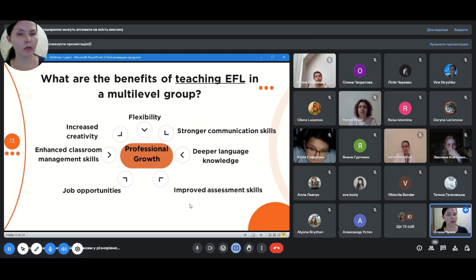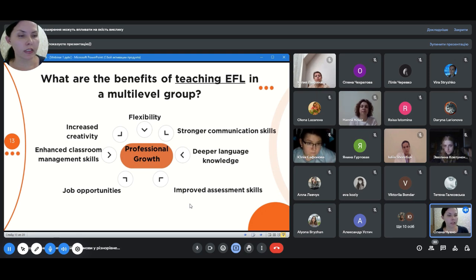We deepen our language knowledge because if we deal with more advanced students, we need to know, for example, grammar structures in detail. We improve our assessment skills, so we use different strategies and techniques to fairly and adequately assess everybody's participation and contribution.